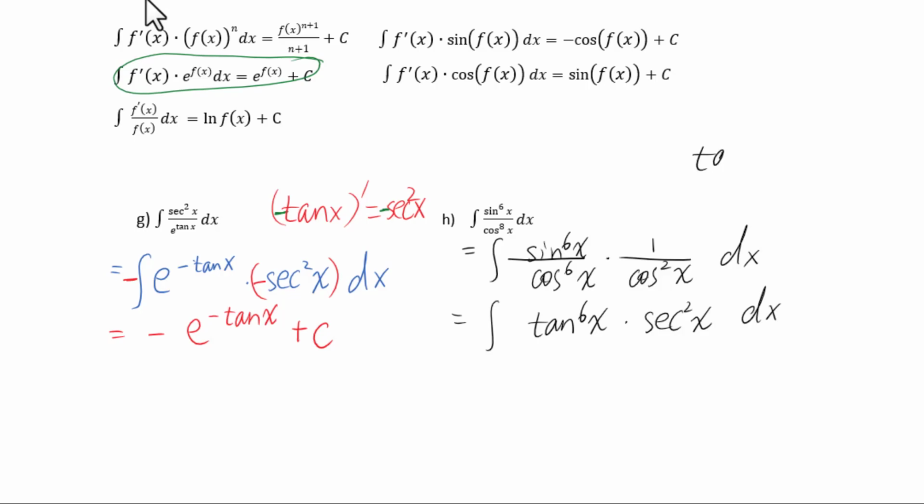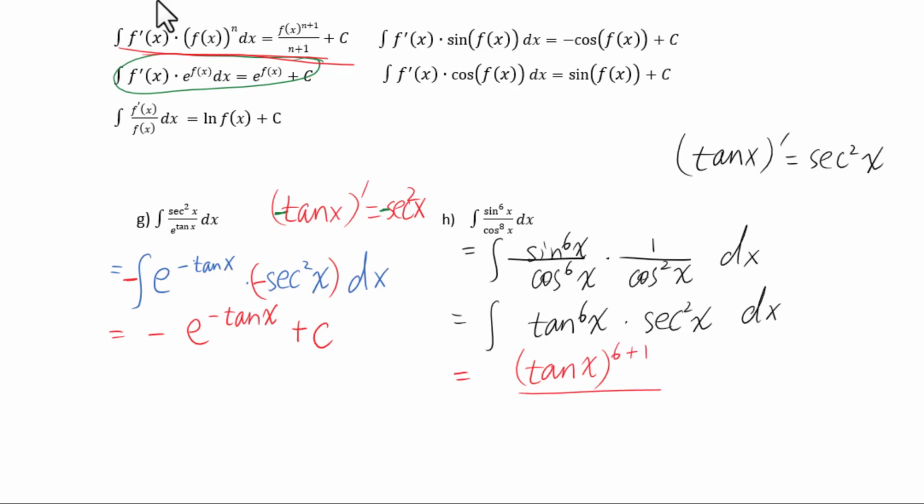Still, we will use tangent x, prime, equals secant squared x. We have to use this formula: tangent x to the 6 plus 1 power over 7, then plus c. That equals 1 over 7 times tangent x to the 7th power plus c.